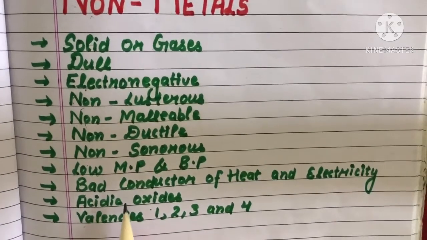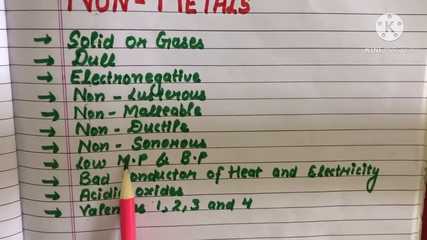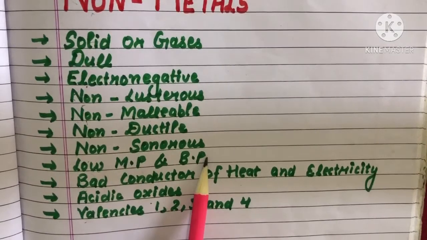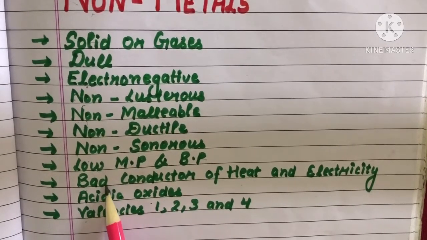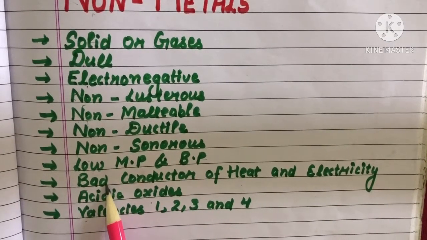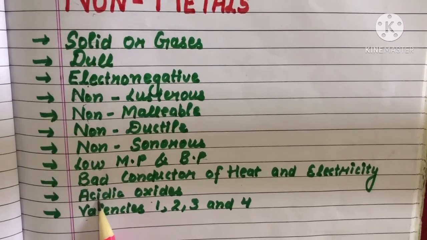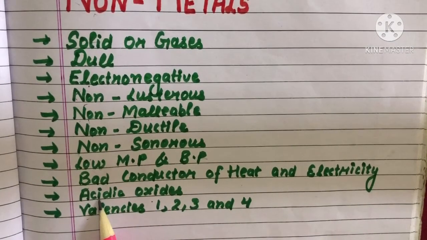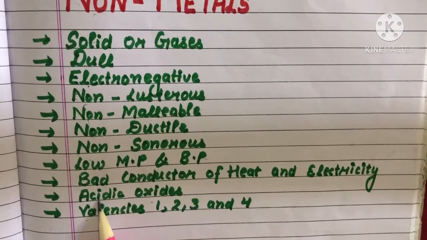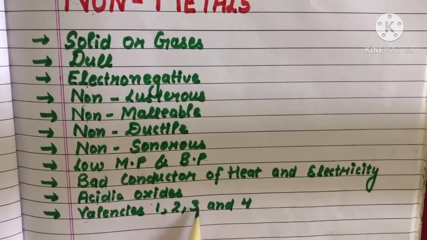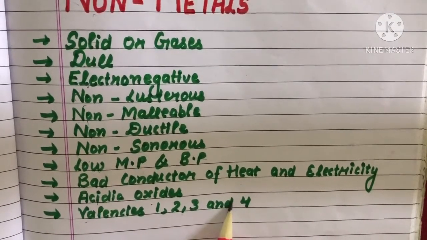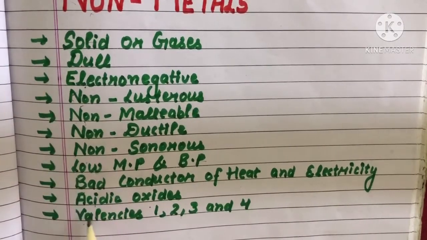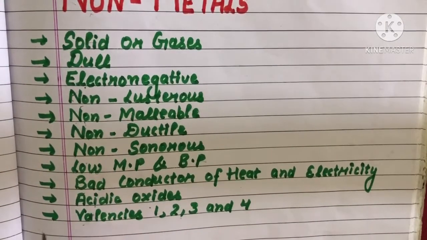Then they have low melting point and boiling point, and these are bad conductors of heat and electricity. Then non-metals form acidic oxides and their valency is 1, 2, 3 and 4. So these are the properties of the non-metals, but there exist some exceptions also.